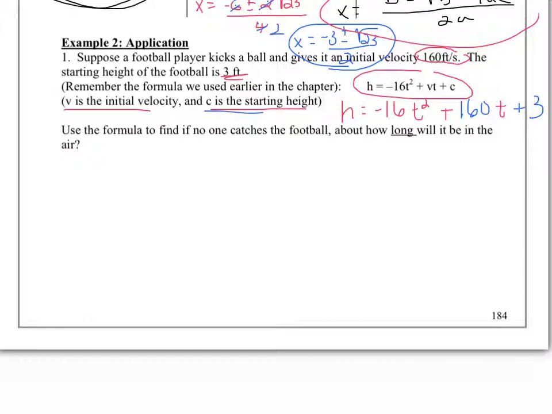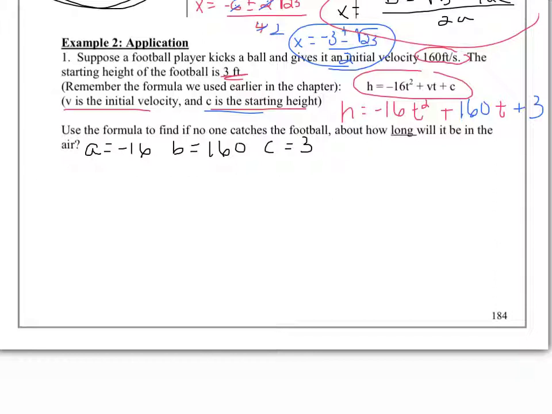So I want to use this formula to see if nobody catches the football, about how long would it be in the air for, okay? So here I can use quadratic formula. I have my A term, which is negative 16, B is 160, and C is going to be 3.